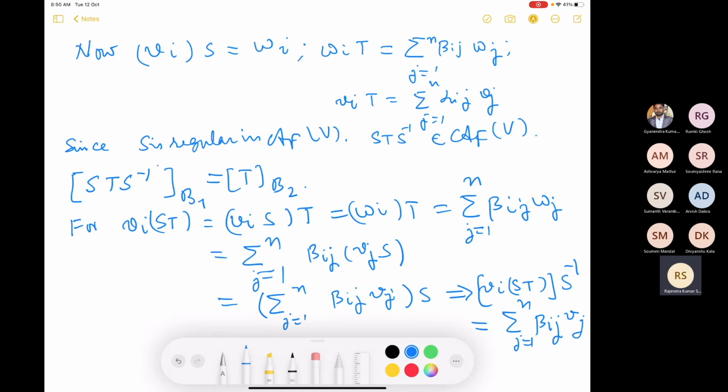So V_i under S T S inverse is the same as beta_ij V_j, j equal to 1 to n.